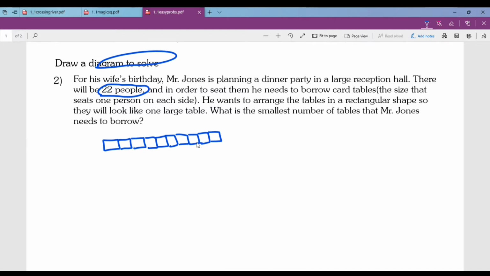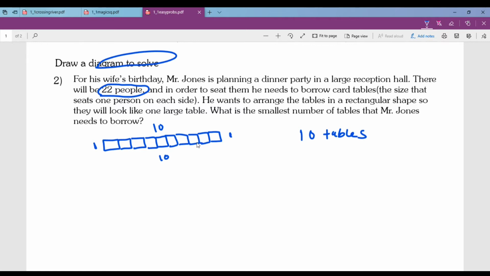So I know that on the ends, I have one person each, and then on the sides here, we're going to have 10 individuals. 10 plus 10 is 20, plus 1 gives us 22 people. So this arrangement does seat 22 people, and I use a total of 10 tables. So that's a good start.